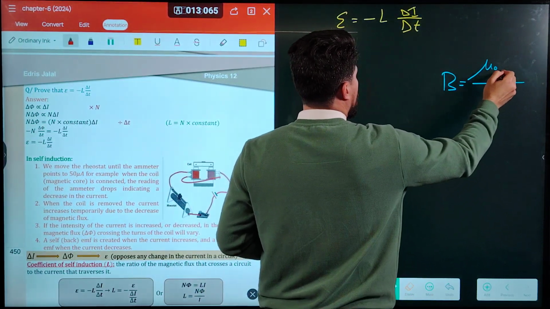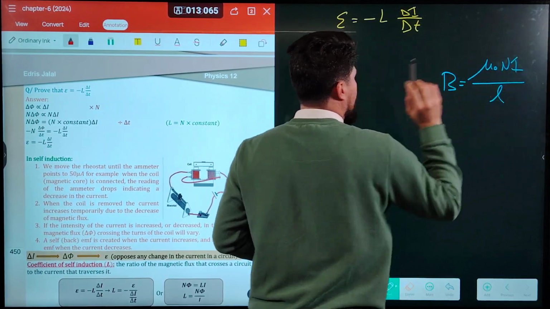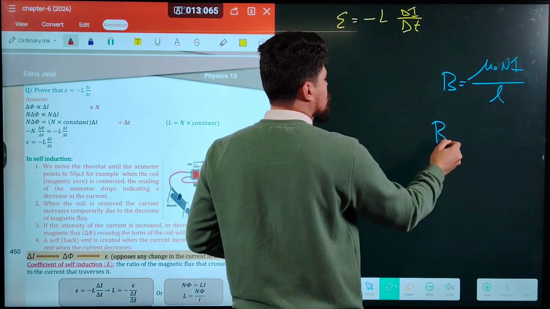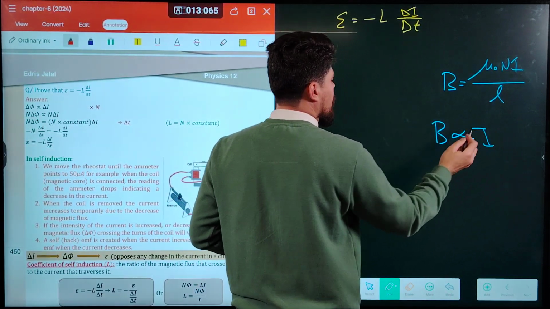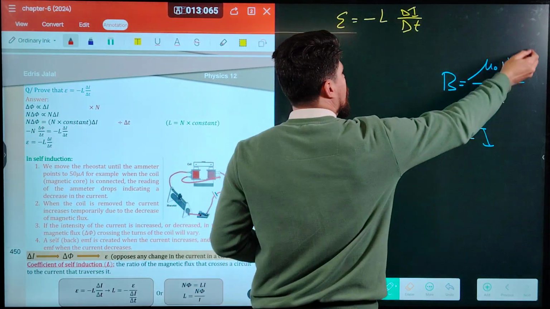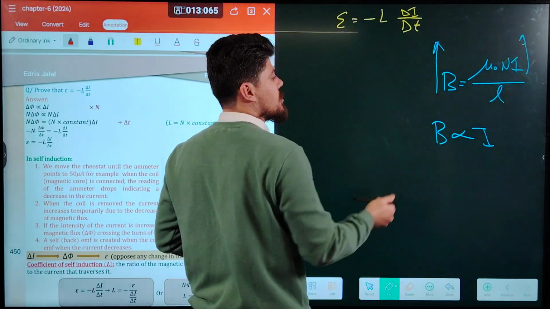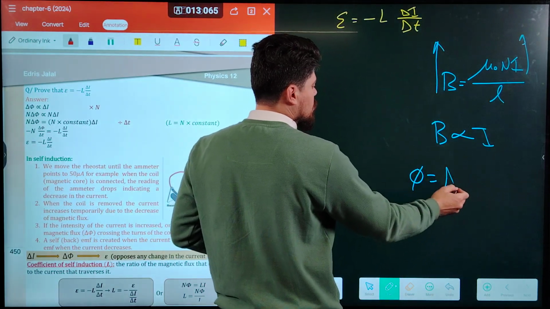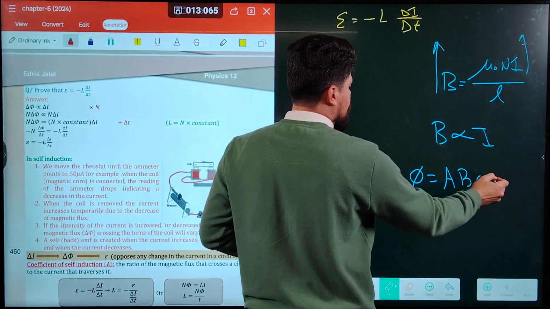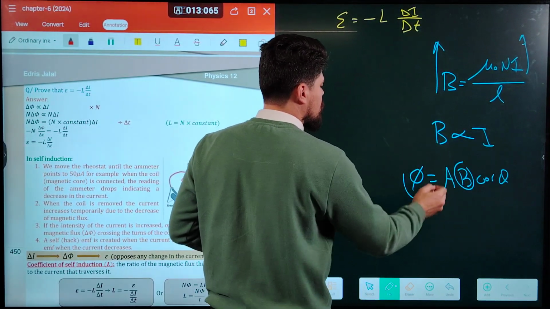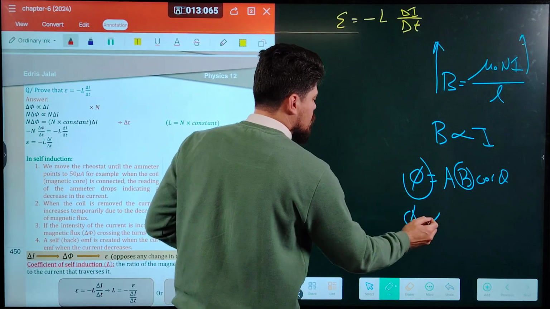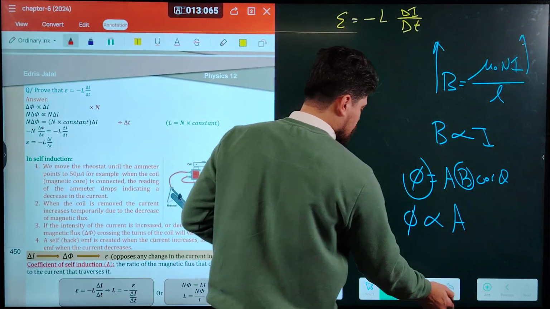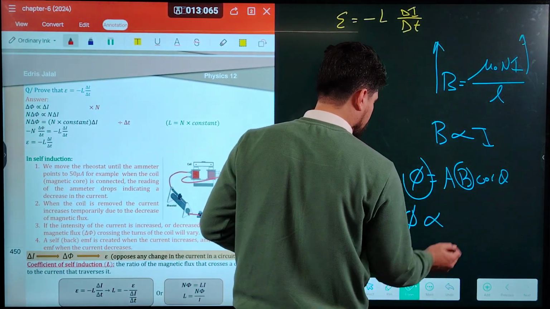Mu naught N I over L. What is the relation between B, magnetic field, and current? Directly proportional. More current induces more magnetic field. So the equation of flux is equal to what? A B cosine theta. What is the relation between flux and B? Flux is directly proportional to the magnetic field.